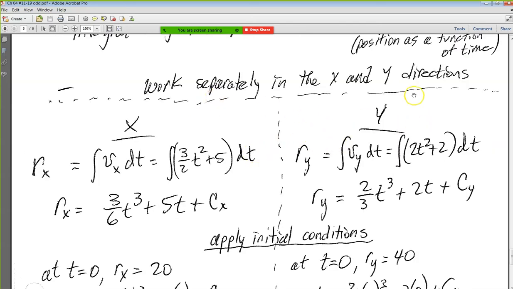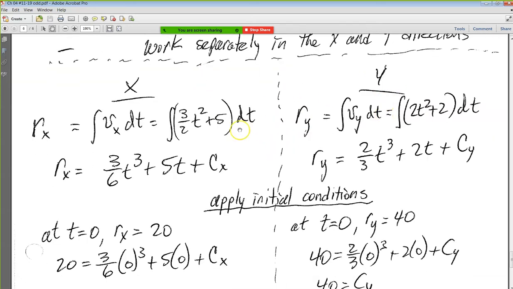Here we go, work separately in the x and y again. In the x direction, I'm going to integrate my velocity equation that I came up with. So there it is, 3/2 t squared plus 5. And so this one may not be quite as simple to integrate, but it's still the same reasoning. Ask yourself, what does it take so that when you take the derivative of it, you get 3/2 t squared plus 5.